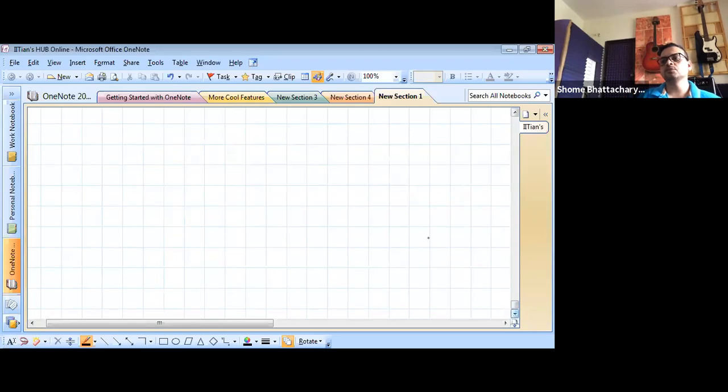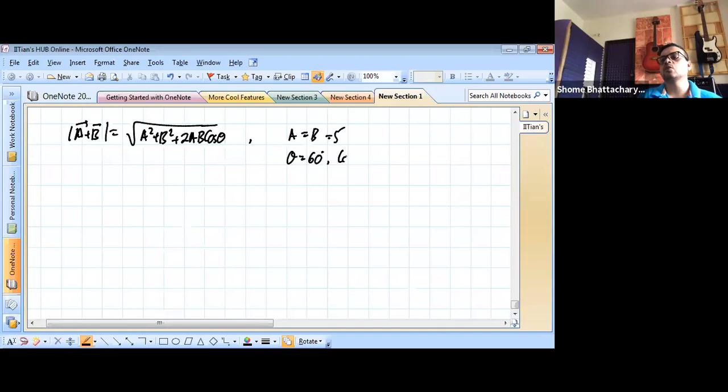So just use these formulas now. Correct. Magnitude of A plus B is root of A square plus B square plus 2AB cos theta. So in this put A equal to B equal to 5 and theta equal to 60 degrees. So cos theta equal to half. So when you do that, you will get this as root 75, or 5 root 3.